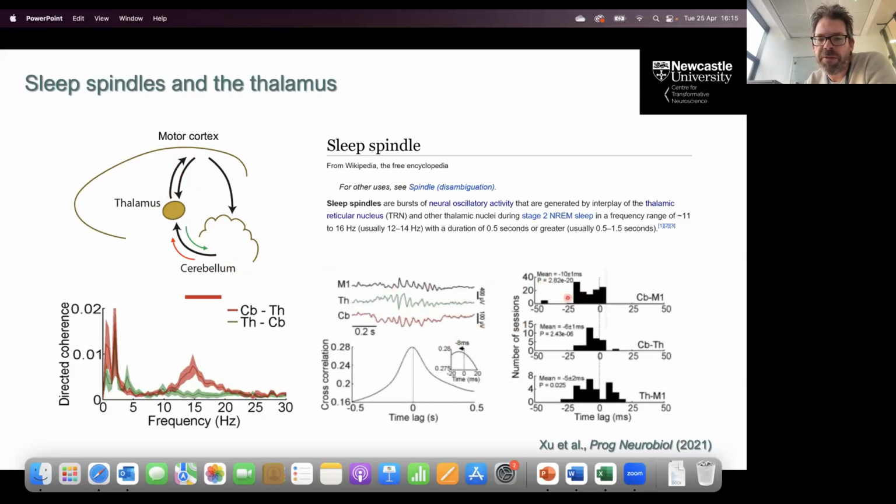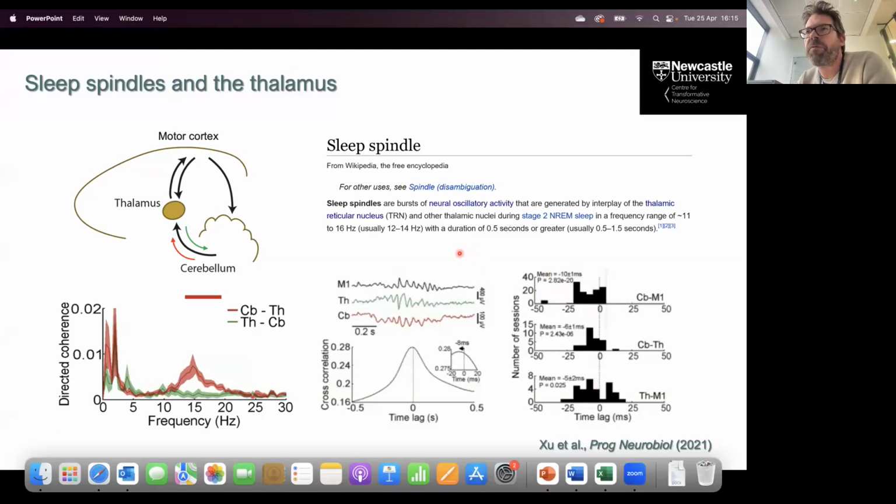And we find that indeed the amplitude of the spindle in the cerebellum seems to lead the motor cortex by about 10 milliseconds. It's quite noisy, this analysis, but on average it's about 10 milliseconds, and that seems to be made up of about 5 milliseconds from the cerebellum to the thalamus and 5 milliseconds from the thalamus to M1, which is in the right range for these kinds of conduction latencies.